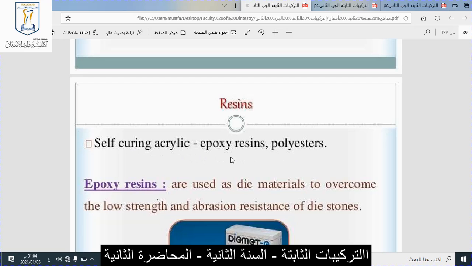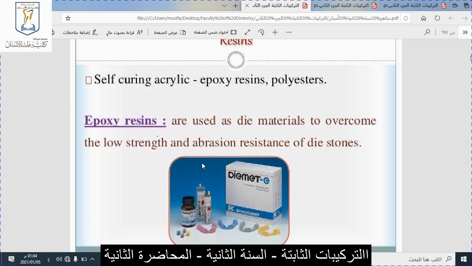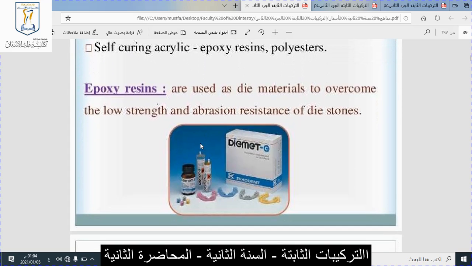Resin dye: self-curing resin, epoxy resin dye, or polyester. Epoxy resin dye is used as a material to overcome low strength and abrasion, with high strength and high abrasion resistance, which overcomes the problem with the stone dyes.